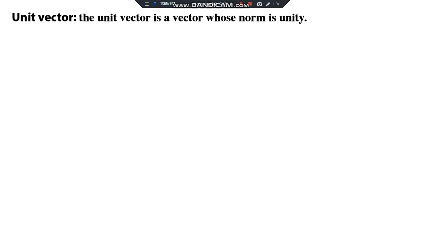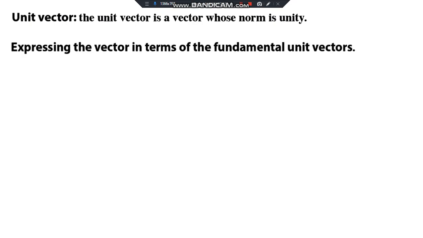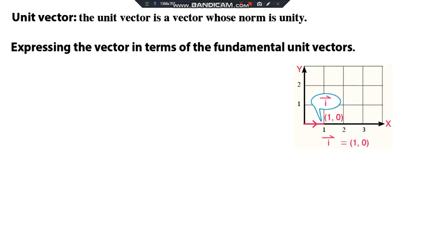Unit vector: the unit vector is a vector whose norm is unity, as we said before. And now we'll study a new form for the vector, which is called fundamental unit vectors. We express the unit vector by the unity vector, so we want to find the fundamental unit vector.